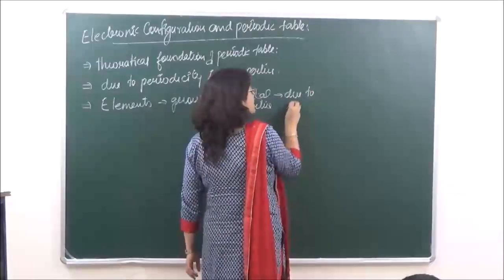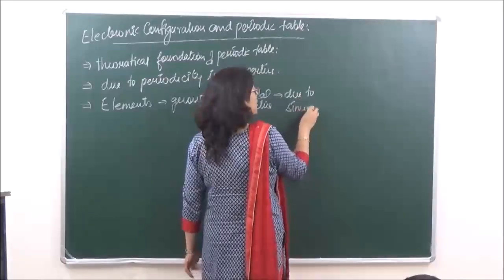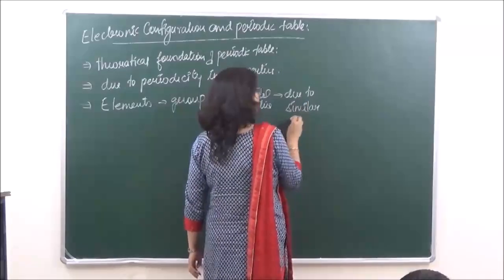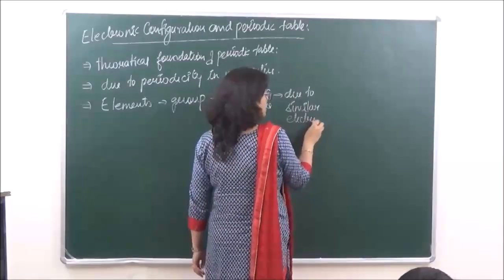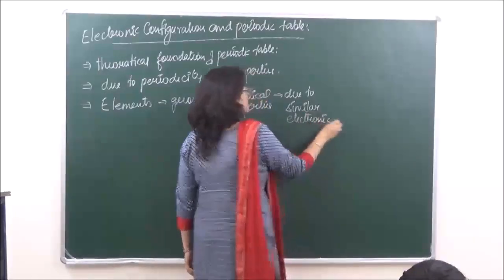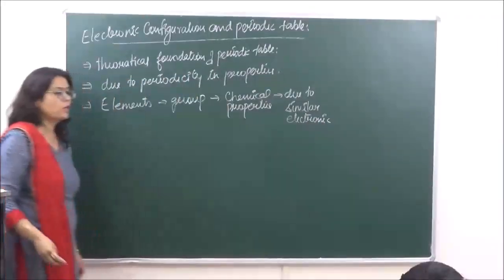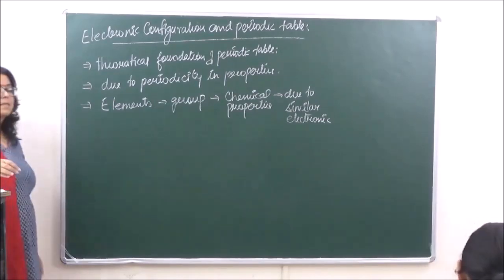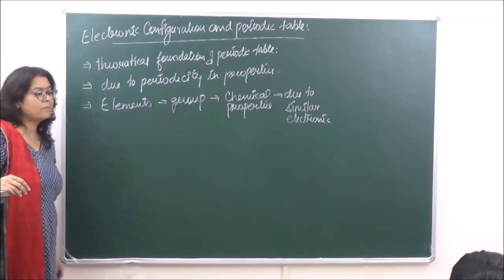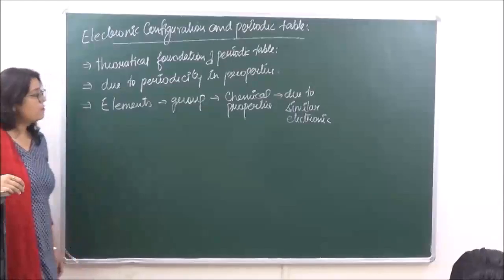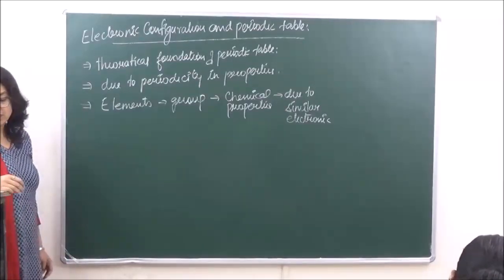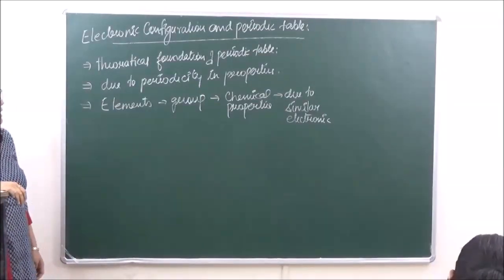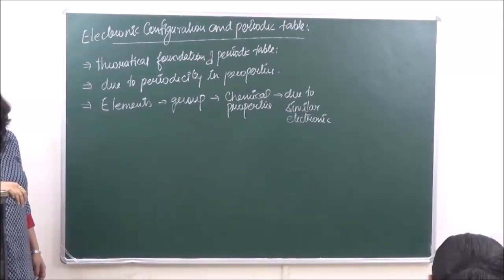Due to similar electronic configuration in the outermost shell, the example of which we had taken in the last class, the alkali metals starting from lithium and ending up to cesium. They all have the same electronic configuration in the last shell, and therefore they have similar chemical properties.